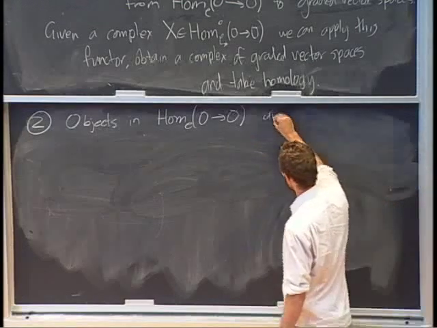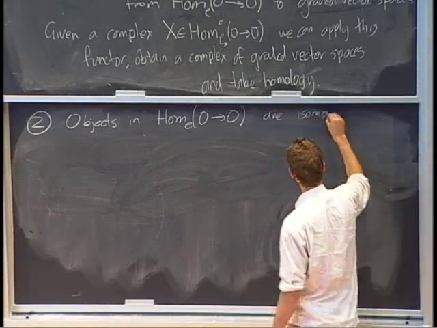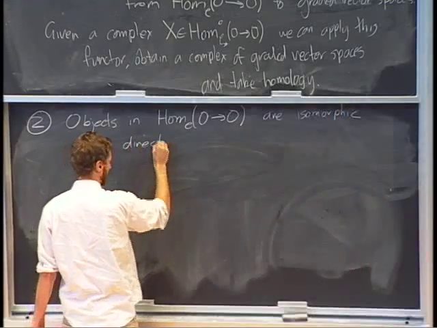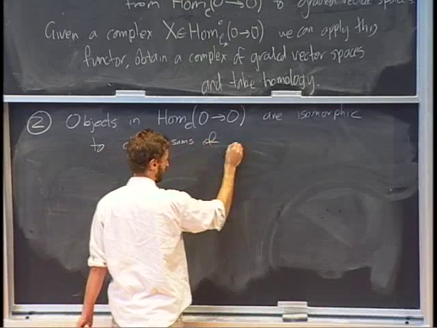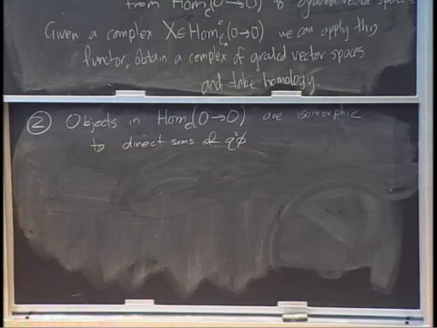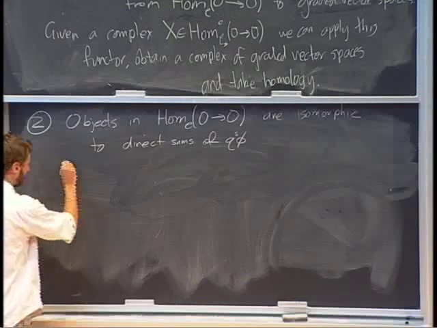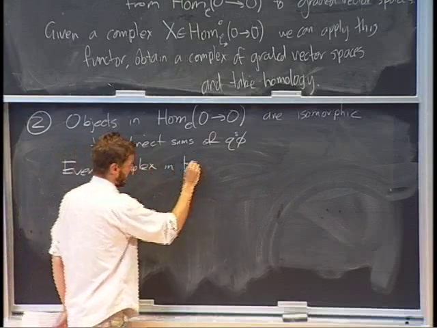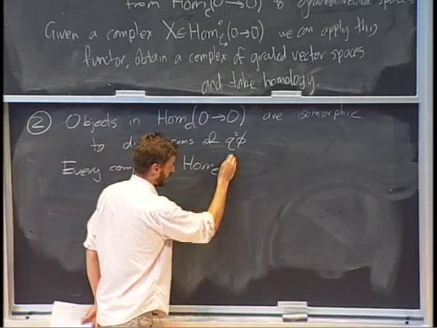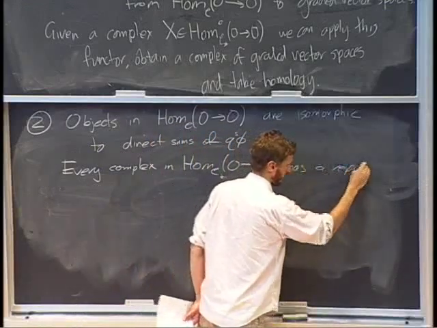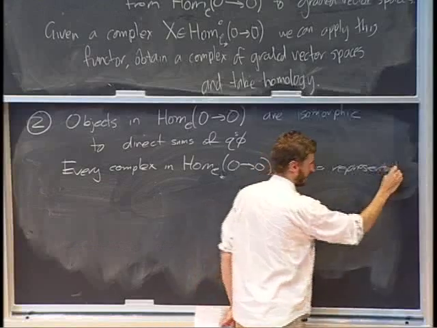So objects in here are all isomorphic to direct sums of Q to the S times the empty diagram for different values of S with whatever multiplicities you like. Okay, so every complex in Hom C star, 0 to 0, has a representative where all of the chain groups are of this form.